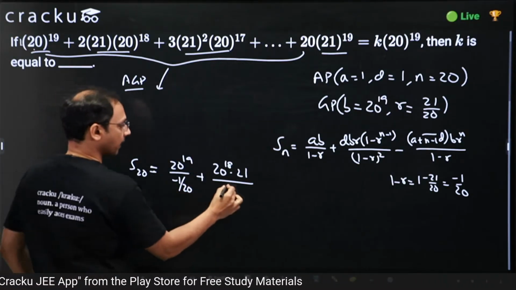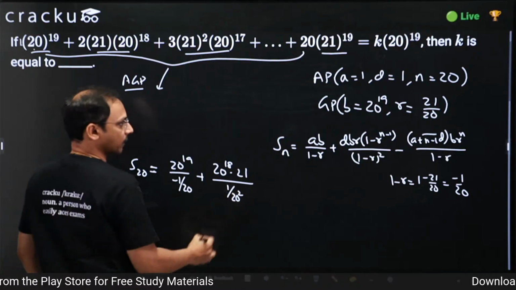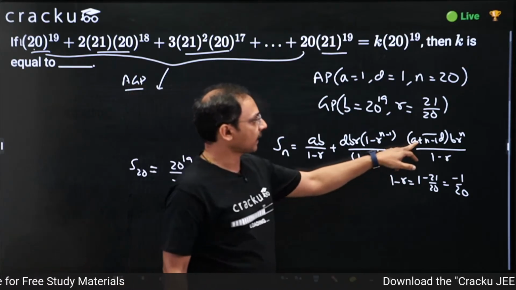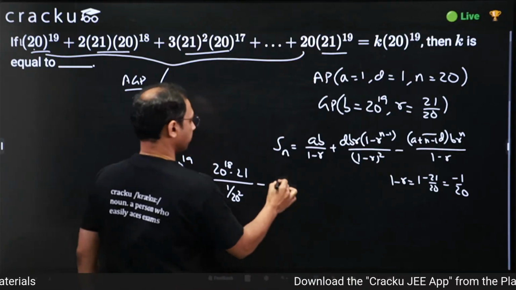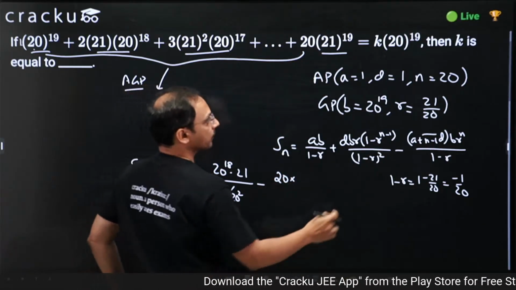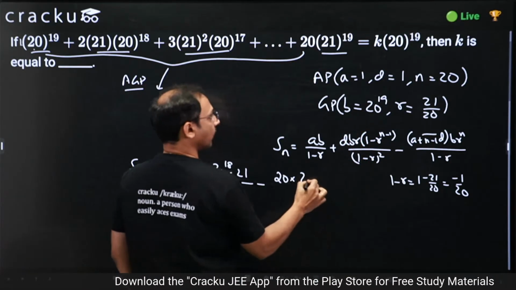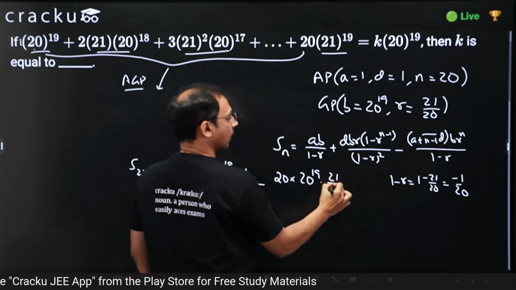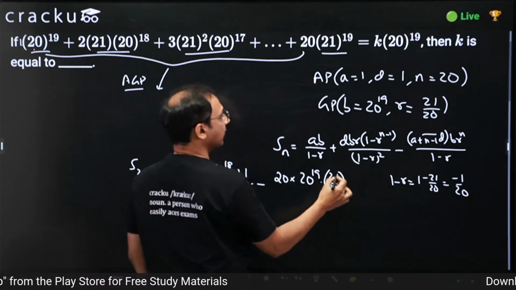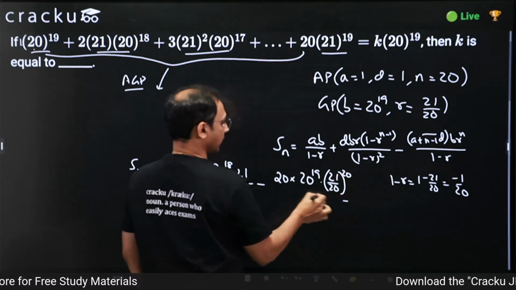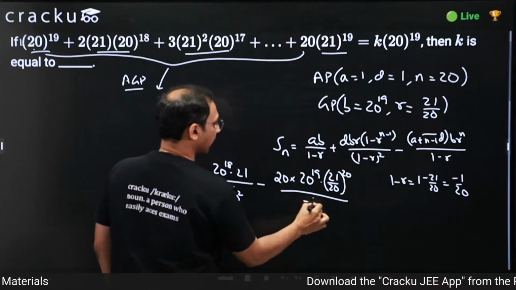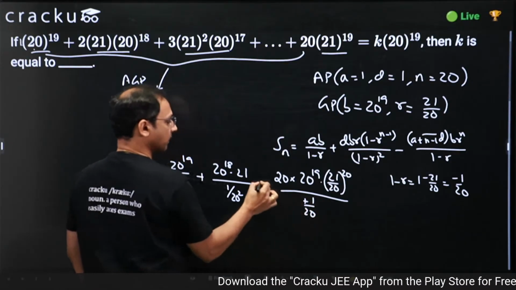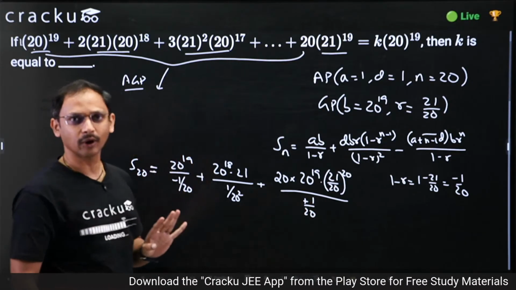1 minus r I wrote here. Its square will be 1 by 20 square minus, this is the nth term of the AP, which is 20 into b, 20 power 19, r power n. r is 21 by 20, n is 20, by 1 minus r is again minus 1 by 20. This minus minus will get cancelled off. So this is going to be the answer.